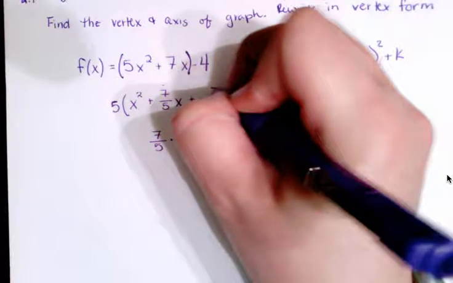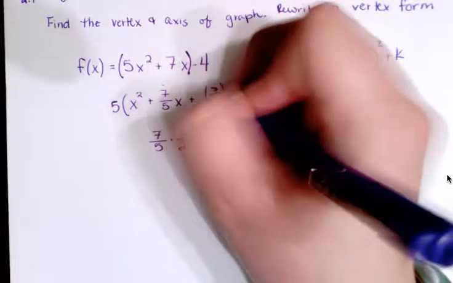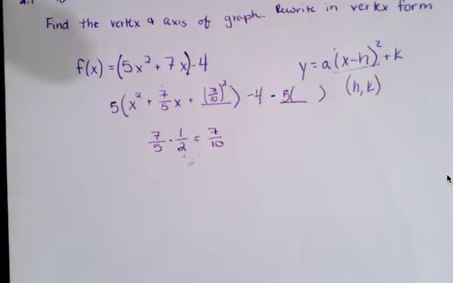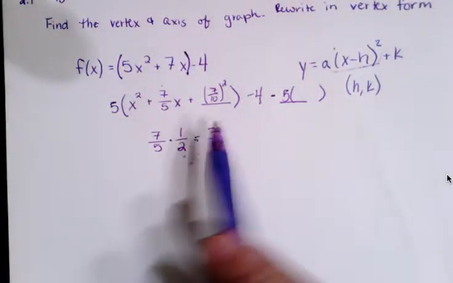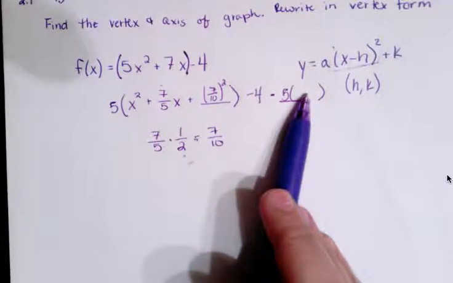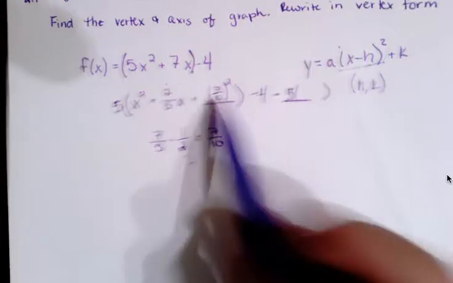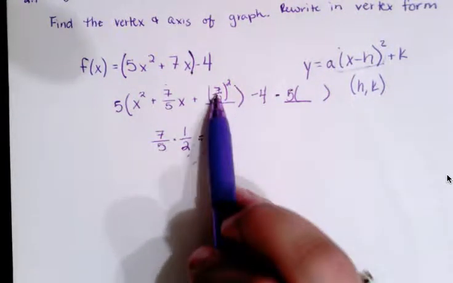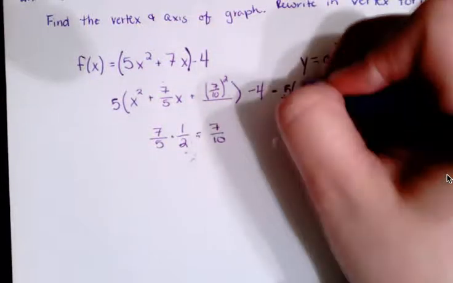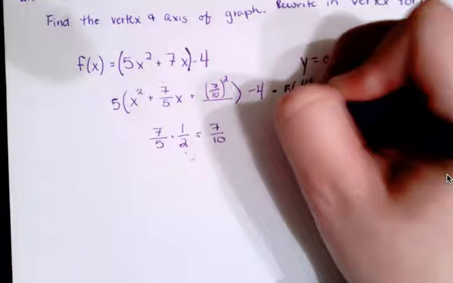So you take 7/10 and you square it, okay? Then what you can do is actually figure out what we are multiplying that 5 by. So 7/10 squared is 7 squared over 10 squared, which is 49 over 100.